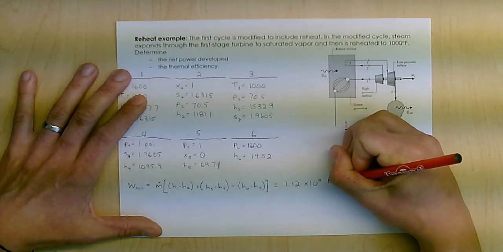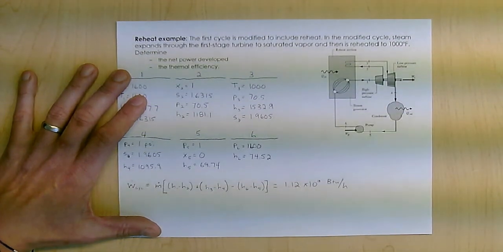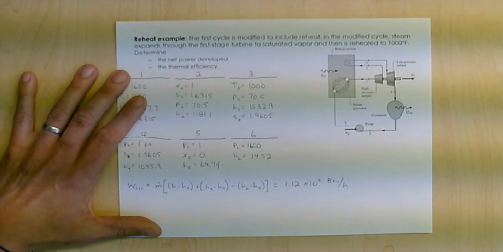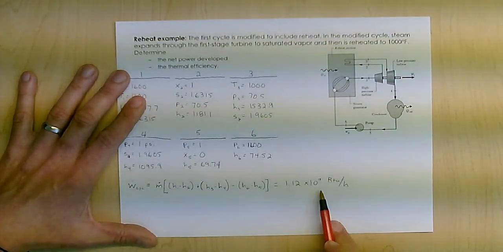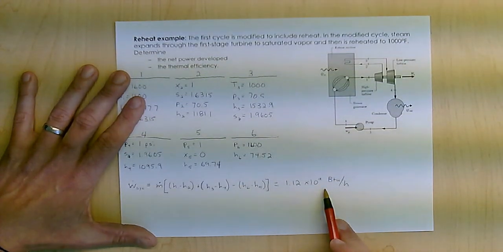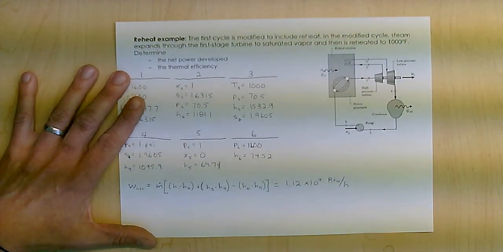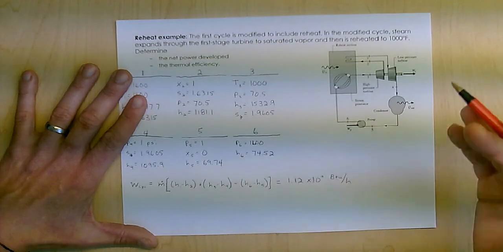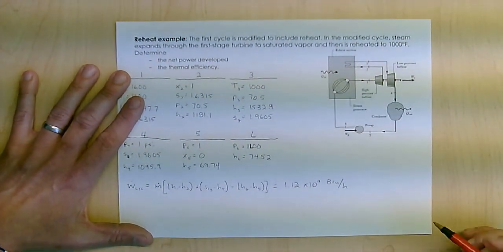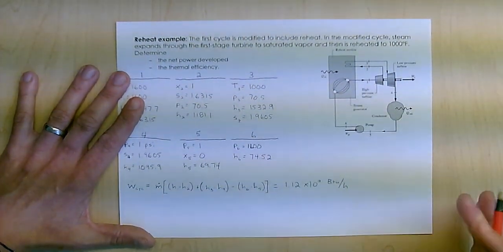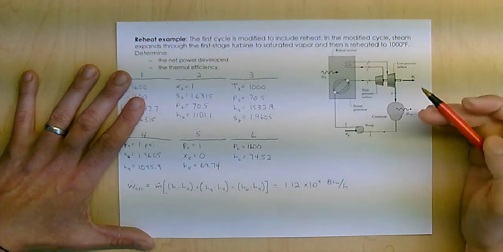If you remember from the previous problem, my work of the cycle was 8.8 times 10 to the 8th. So I have an increase in the work of my cycle, which is a good thing. I'm getting more power developed with this reheat going on. Now, there's a trade-off because I also have more heat here.